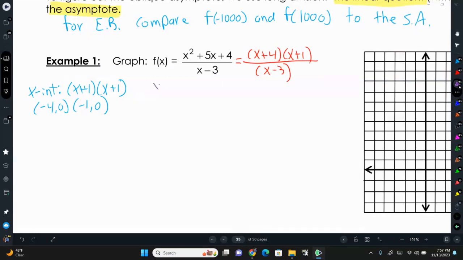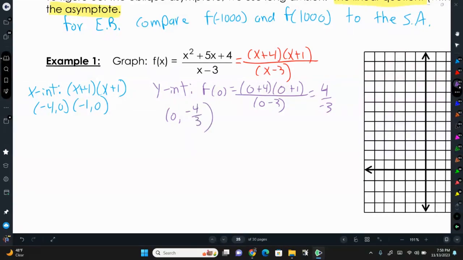Then the y-intercept is f of 0, which equals 0 plus 4 times 0 plus 1 over 0 minus 3, and that gets us 4 over negative 3. So our y-intercept is 0, negative 4/3.